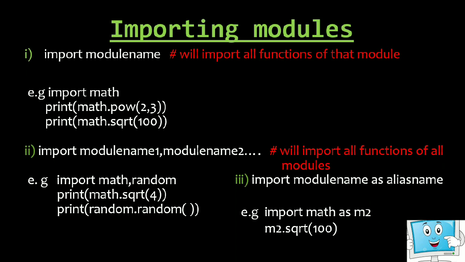So similarly that is known as the alias name. So here we have given the name of the module math as M2. Now instead of writing the module name math, we are typing M2 and then we are specifying the function of the math module, that is square root. So here M2 is just an alternative name for the module math.